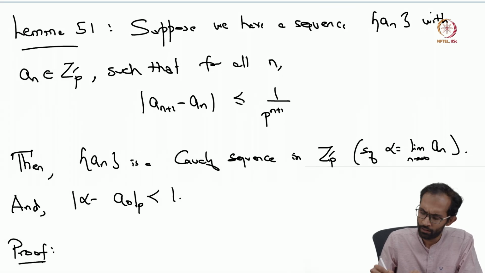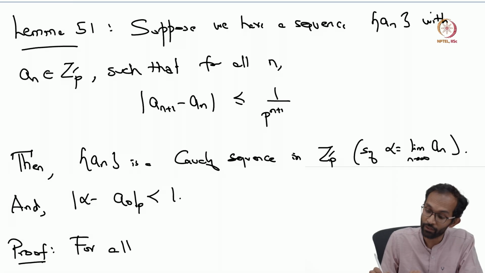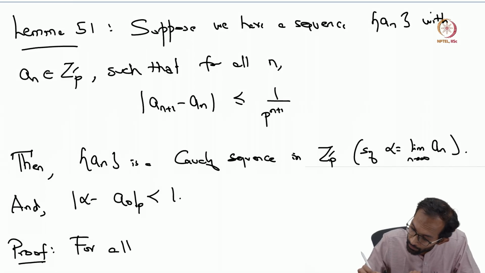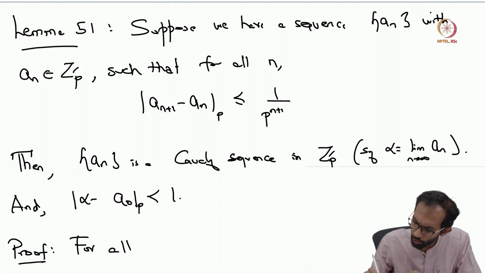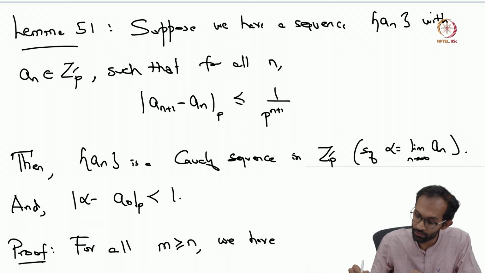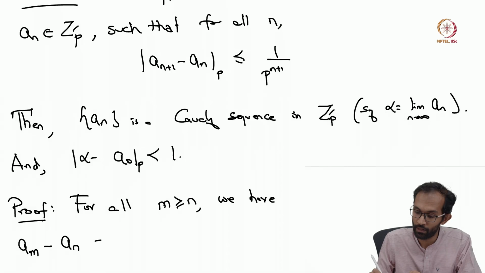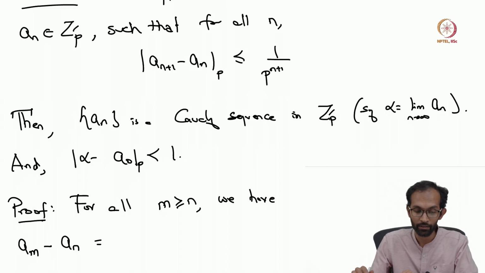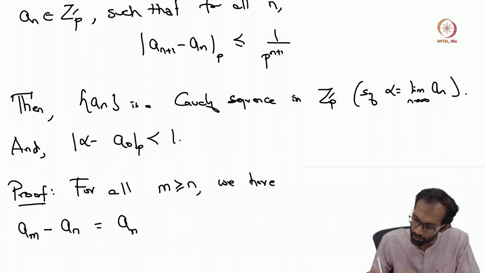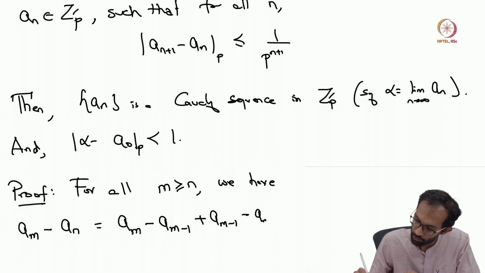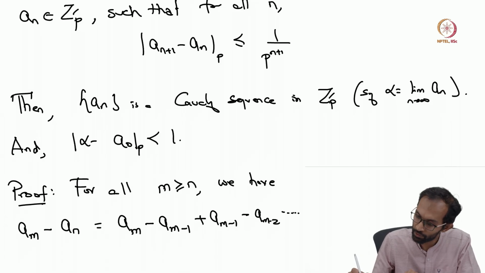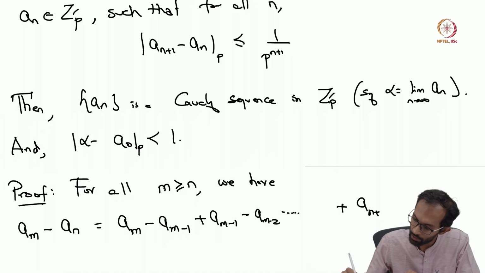Okay. So again, this proof relies on the fact that we are working with the p-adic absolute value. So for all m larger than or equal to n, what do we have? I want to compute the difference of, let's say, am and an. Again, you play this trick of adding and subtracting terms. So let's say am minus am minus 1 plus am minus 1 minus am minus 2, and so on and so forth, you go to an plus 1 minus an.